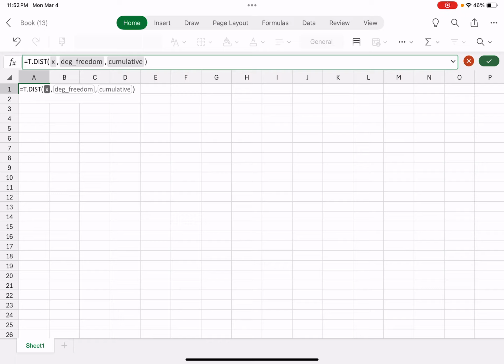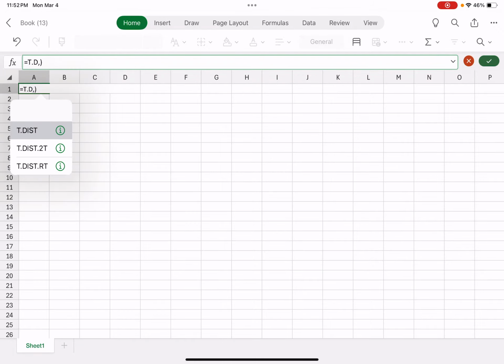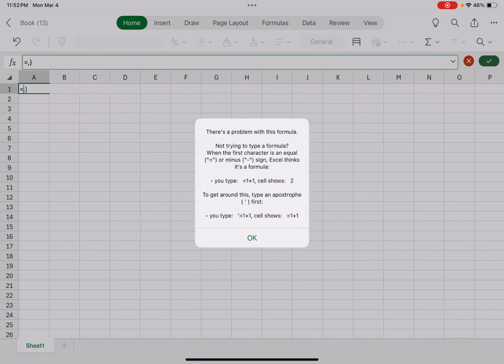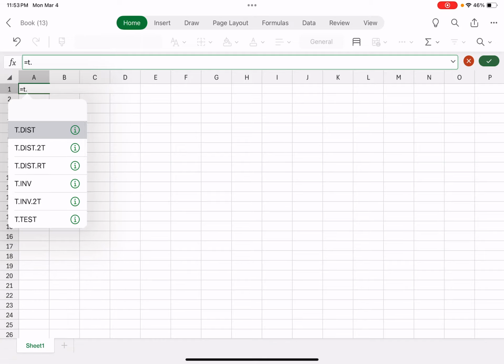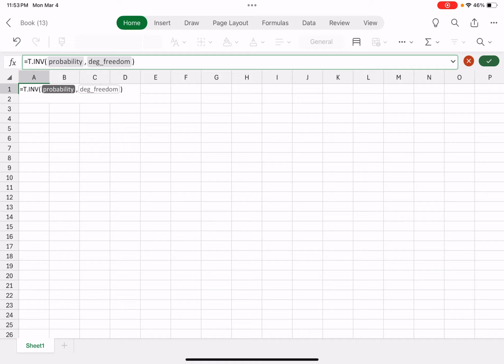X. No, I don't want the X. I want to put in area and get out a z-score or a t-score. So I've got the wrong formula. Let me just delete all of this if Excel will let me without yelling at me too much. There we go. So I'm going to do equals t dot inv. There's the inverse.